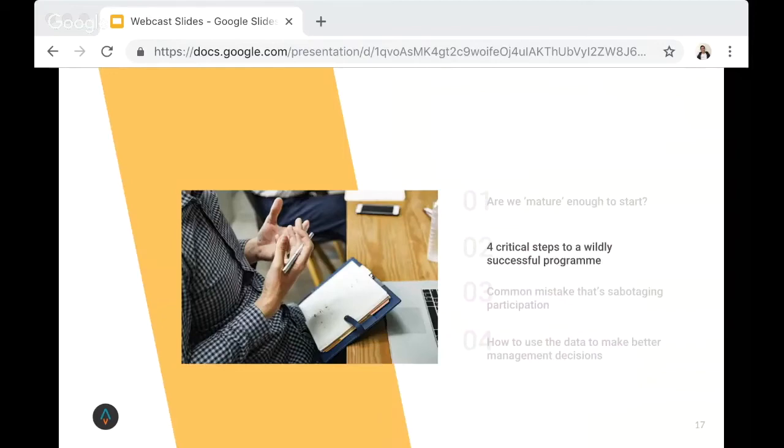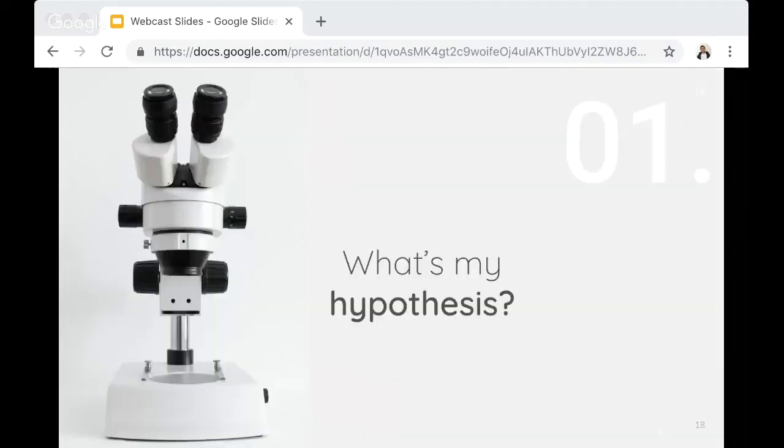So moving forward, once you've determined that you are ready, what exactly can you do to make this program successful? How do we execute on this program? The first step is actually relatively simple: figuring out what your hypothesis is.